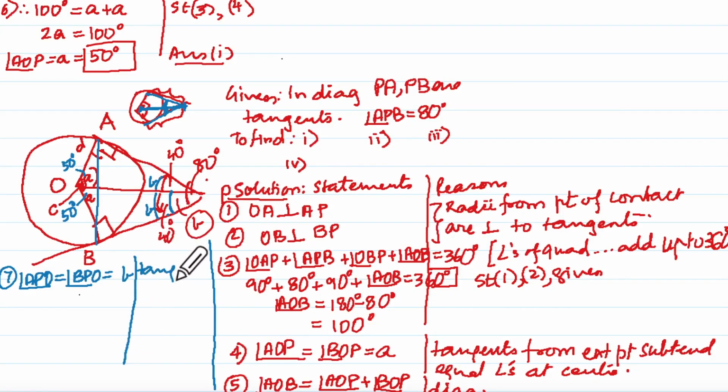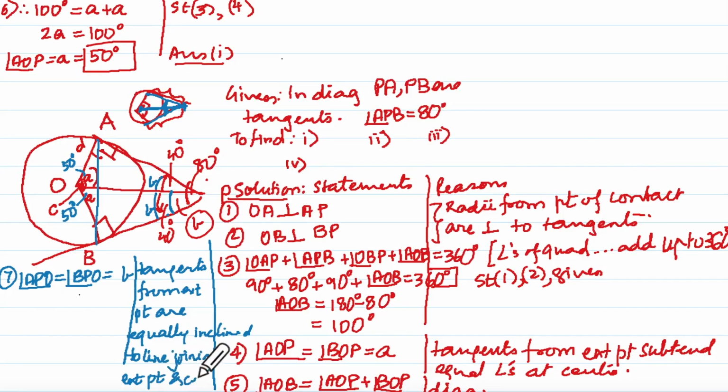Tangents from external point are equally inclined to line joining external point and center.